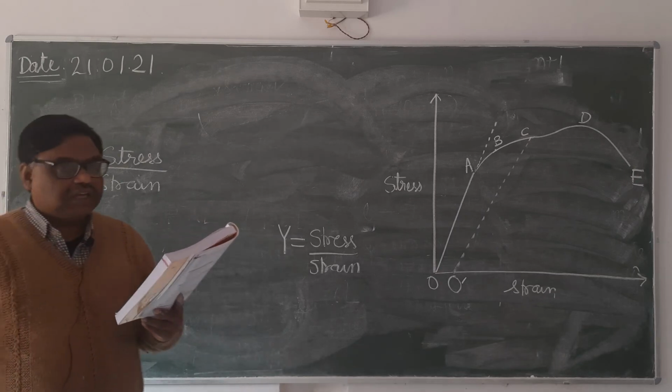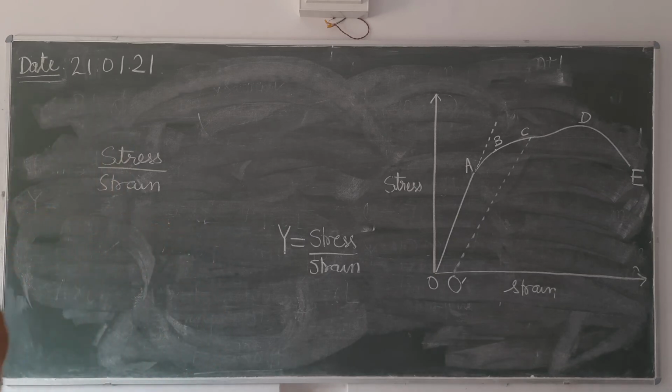Which point on the curve corresponds to the elastic limit? Yes, you. It will be OB. Elastic limit is slightly more than the proportionality limit.